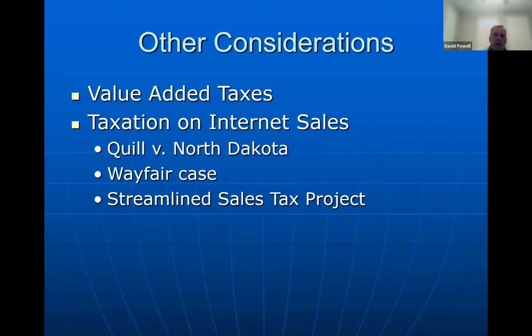So when you think about when something goes from the raw material phase to the manufacturing phase, it increases in value. So you assign a tax to that manufacturer. Then when it goes from the manufacturing stage to the wholesale phase, you then assign taxation to that wholesaler because the value's increased. When it goes from the wholesale to the retail phase, you then apply taxation to that retailer because, again, it is now increased in value.